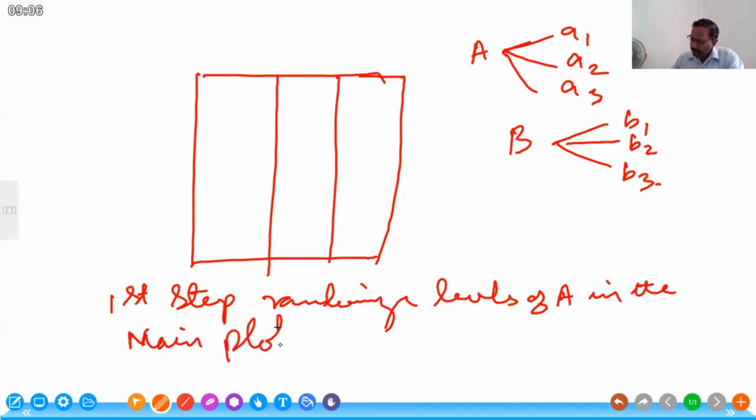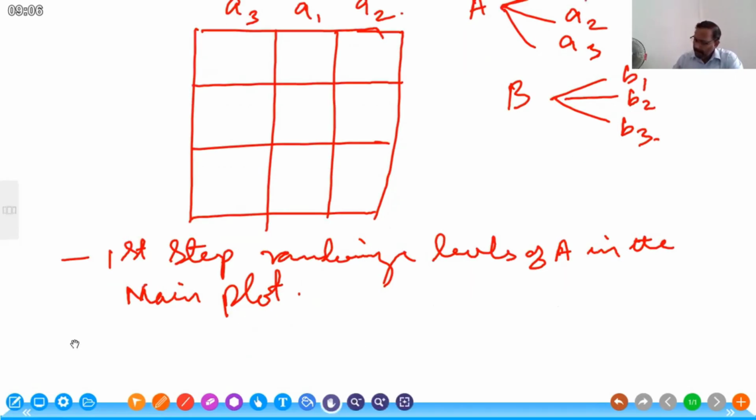That is my first step. Randomize the levels of A in the main plots. For example, here I have randomized A3, A1, A2. That is the first step.